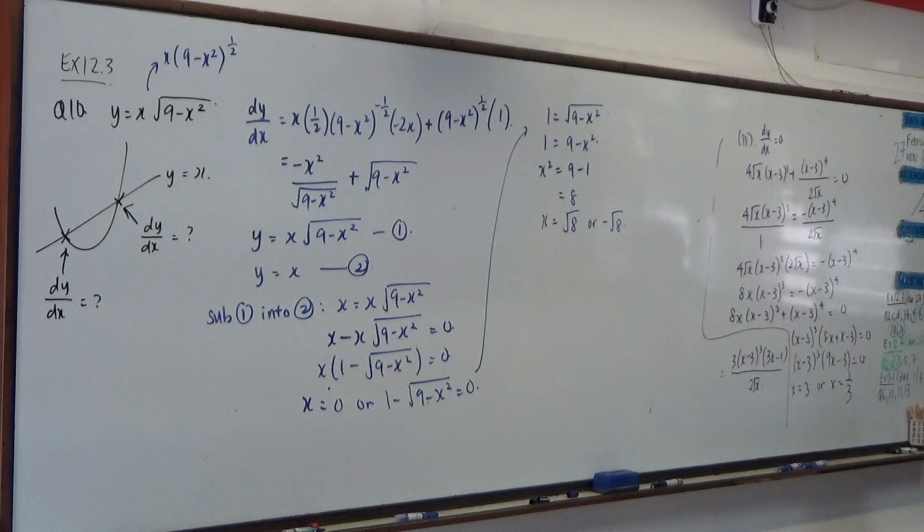So x is either 0, square root 8, or negative square root 8. x equals 0, y equals 0.